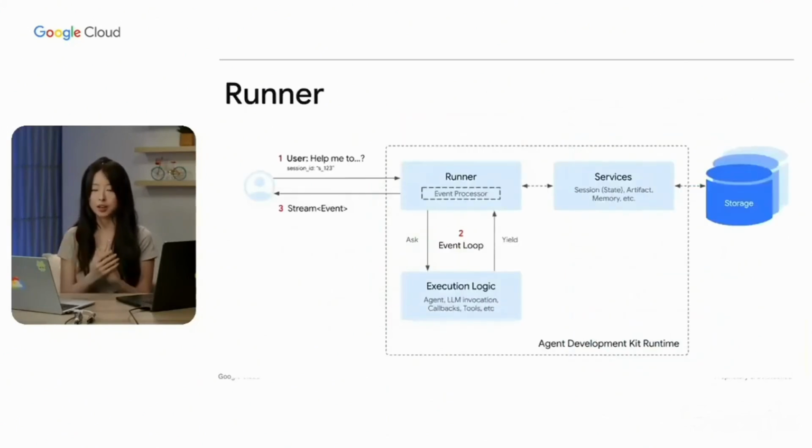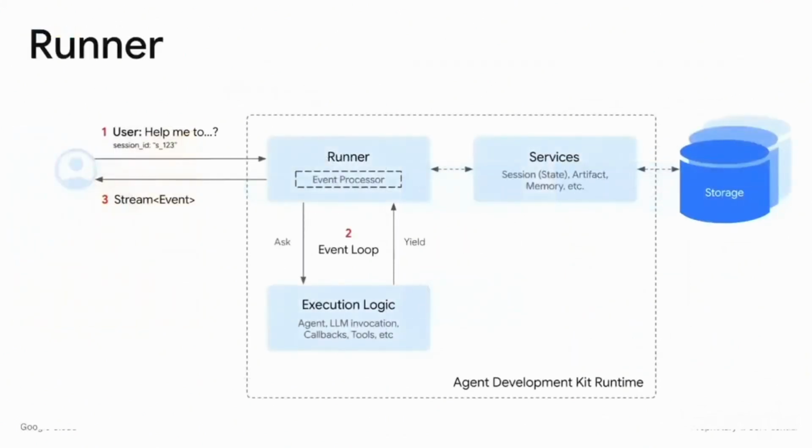To learn that, first you need to understand the concepts of ADK. Here's an important concept: the runner. The runner manages the life cycle, and here's the event. If your user asks the agent a question, say, maybe now it's lunchtime, you can ask, what should I eat for lunch, right? This runner has an event processor that processes everything as an event.